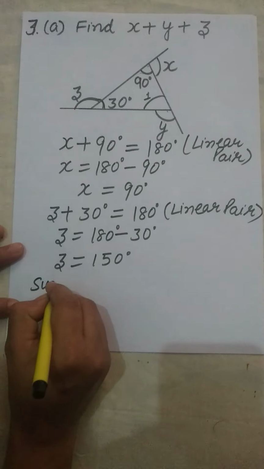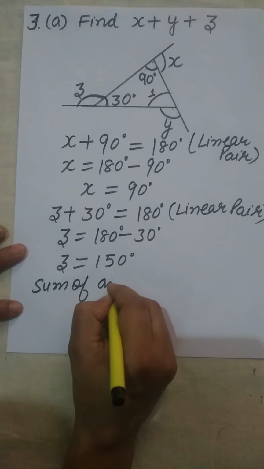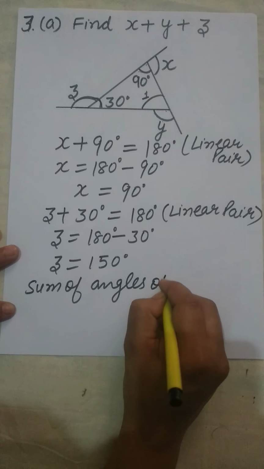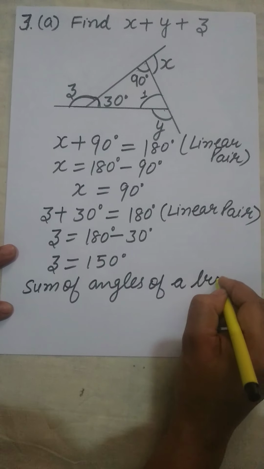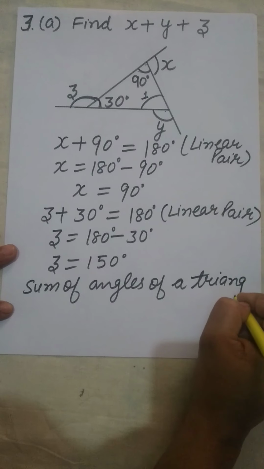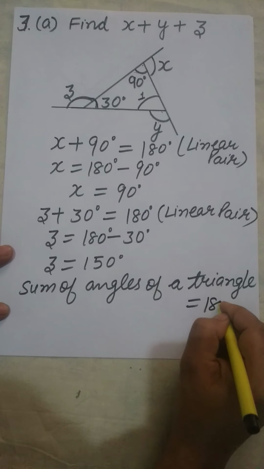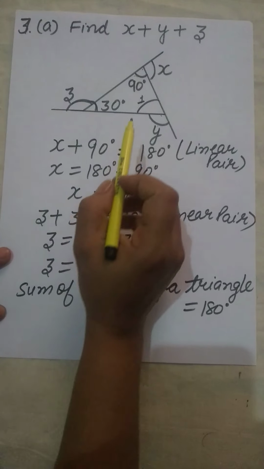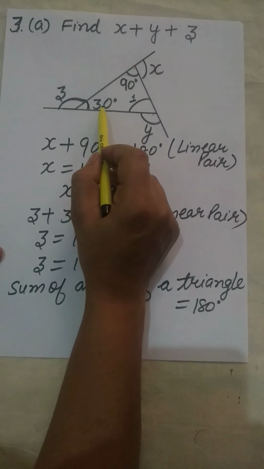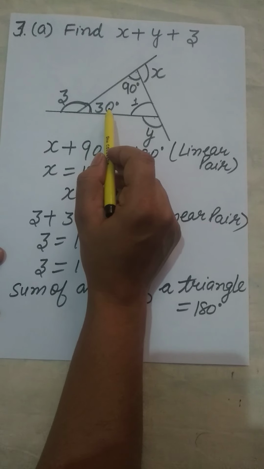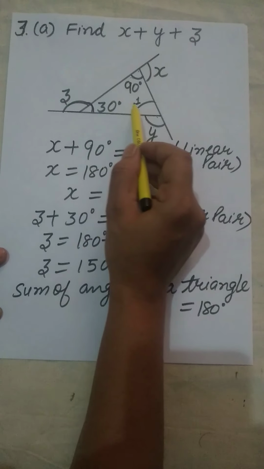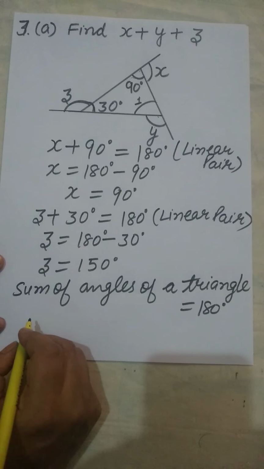Sum of angles of a triangle is equal to 180 degree. Angle 1 plus 90 plus 30 degree is equal to 180 degree, as these are the three interior angles of the triangle.